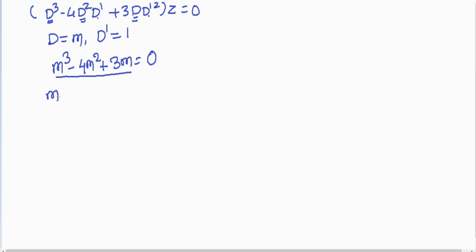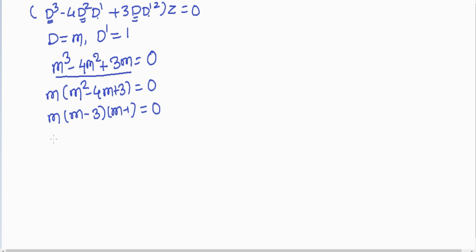This is simple, we can take m common: m squared minus 4m plus 3 equal to 0. Again, m into m minus 3 into m minus 1 equal to 0. These are the factors of this equation.